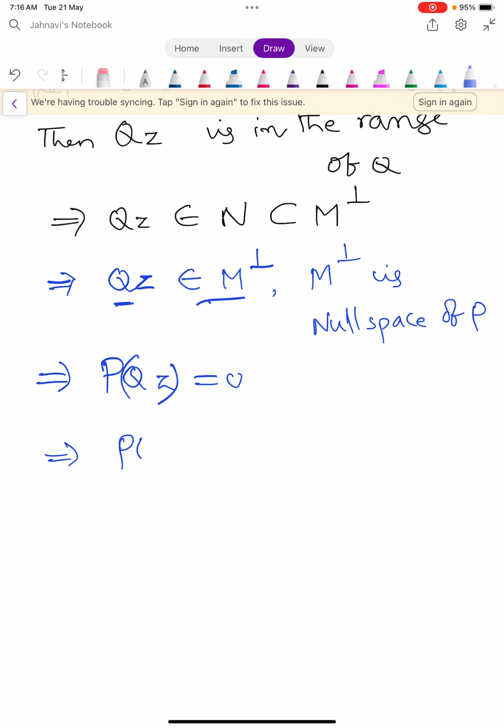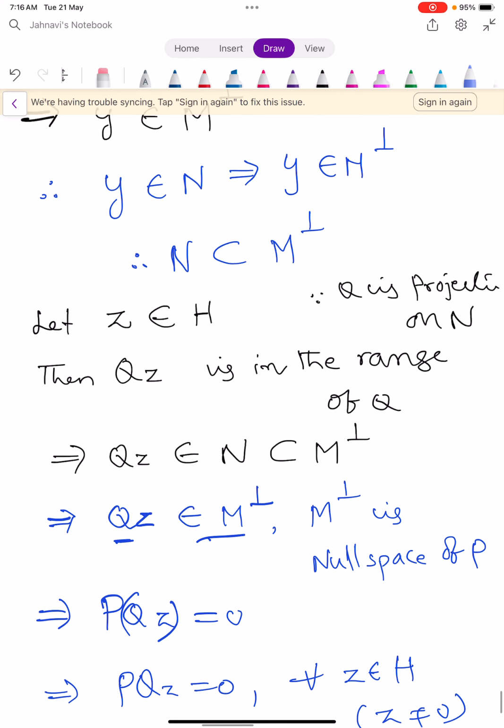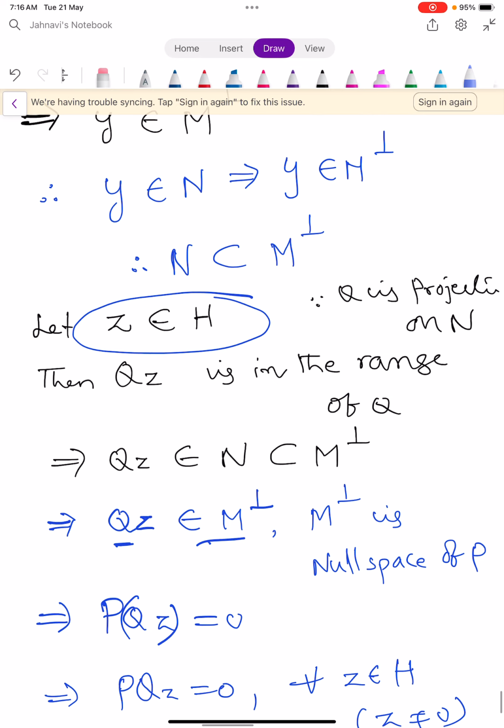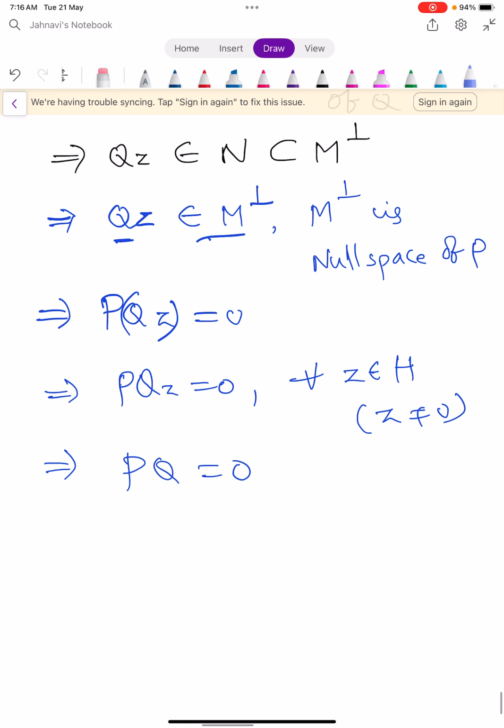So PQZ is equal to 0 for all vectors Z belonging to H. This implies that PQ is equal to 0. Here you should take Z not equal to 0 belonging to capital H. So PQ is equal to 0.